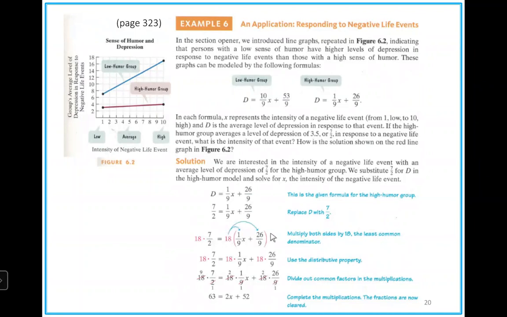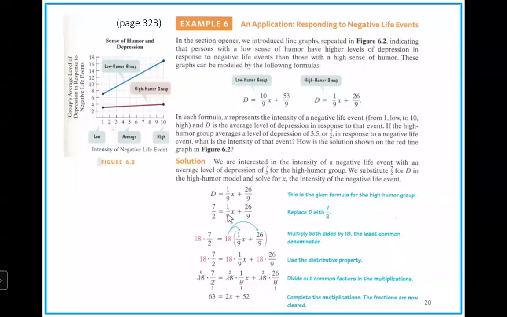So basically we're going to be using the formula for the high humor group, which is D equals 1 over 9x plus 26 over 9. And they tell us what the average is. And remember, D is supposed to be the average. So they tell you the average is 7 over 2.